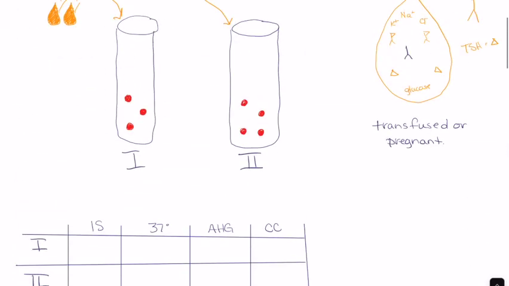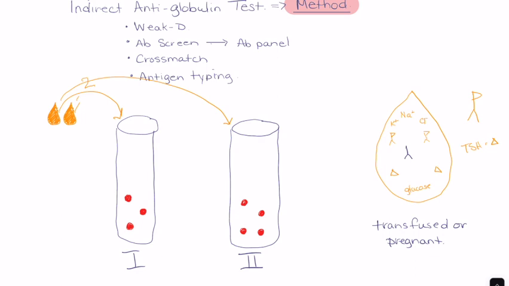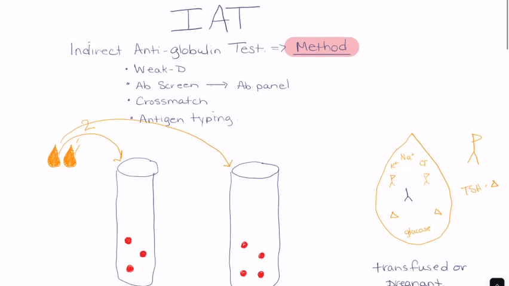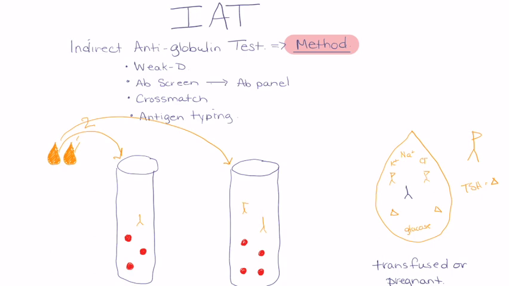Okay, so let's go back up here. So we add the plasma, and when we add this plasma, we're not going to distinguish it yet. So we'll just say, here's a red cell antibody. Okay, but when we add that plasma, we're also adding those chickenpox antibodies.